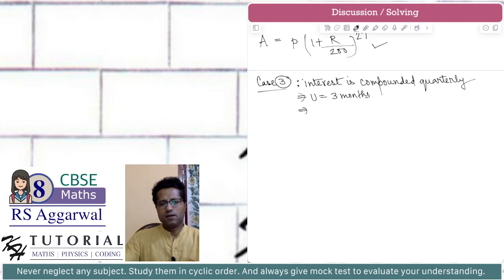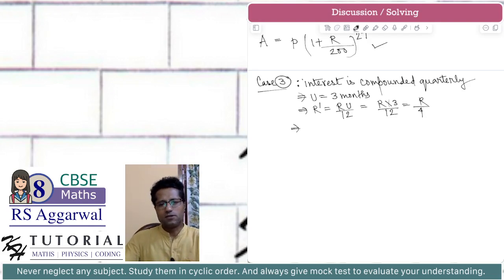This will imply R dash is equal to R u by 12, which is equal to R multiplied by 3 divided by 12, which is equal to R by 4. So R dash becomes R by 4.